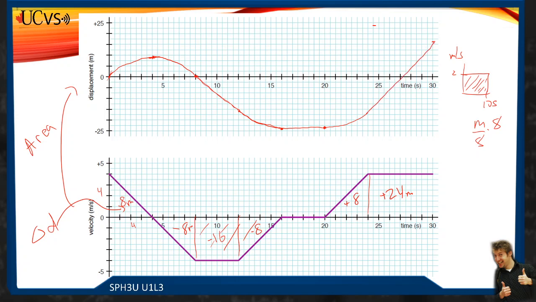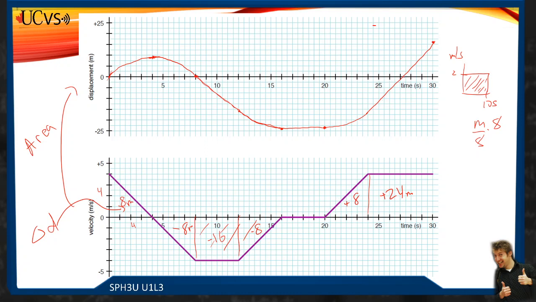A straight line up to 16, right? Because this has 0 slope. So it says, yeah, this VT graph has 0 slope. The speed at 24 seconds is 4 meters a second, and the speed at 30 seconds is 4 meters a second. So the slope of my line in my DT graph can't be changing. It has to be constant.